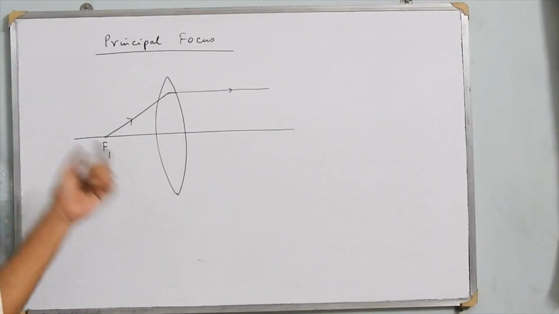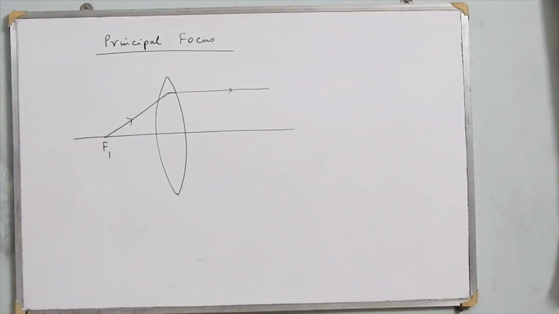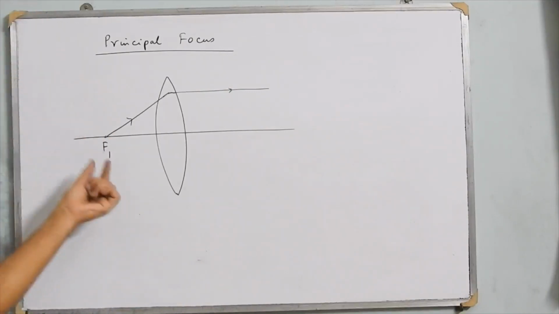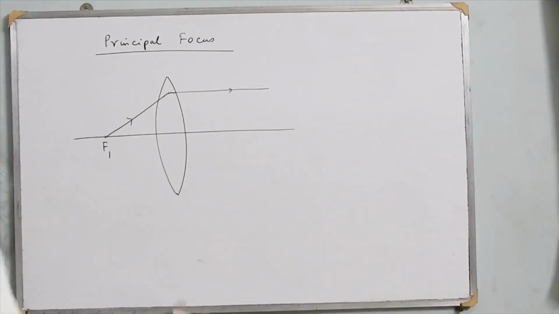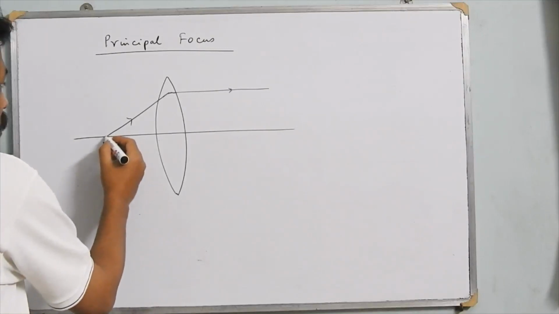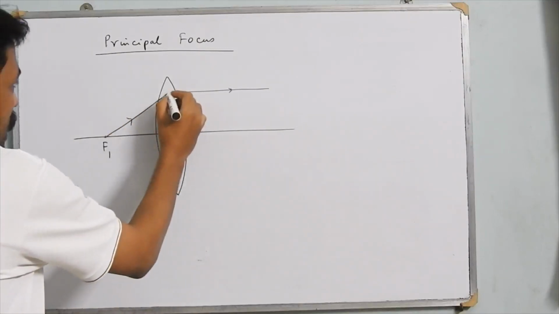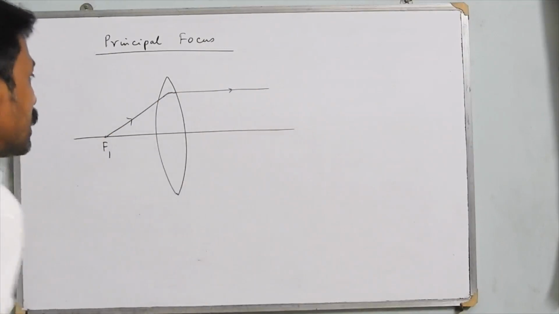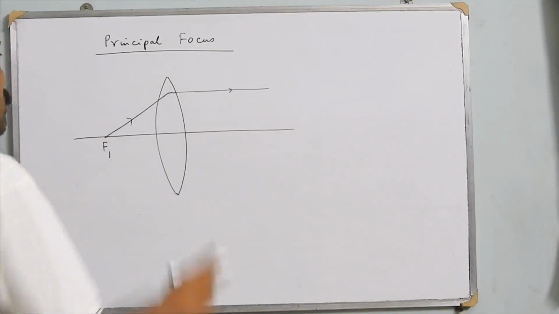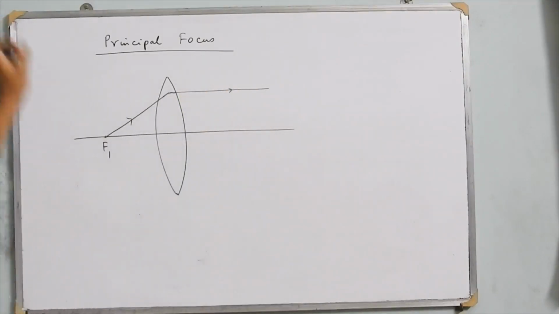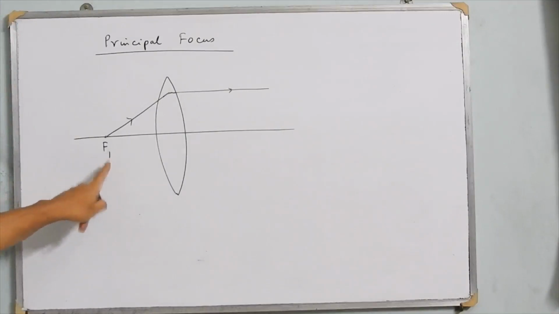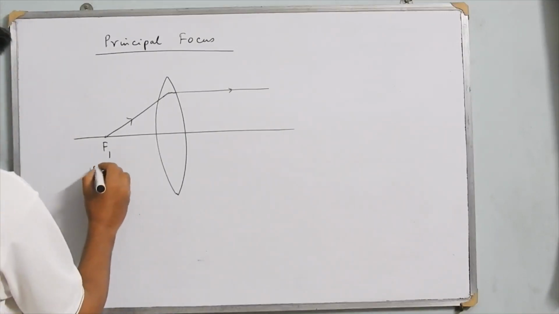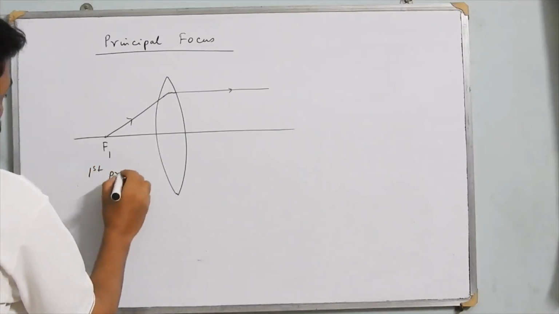I am not writing the definition, you can refer to your textbooks, but please try to understand this: there exists a point on the principal axis such that a ray of light originating from that point, after refraction at the lens, becomes parallel to the principal axis, then that point is called the first principal focus.